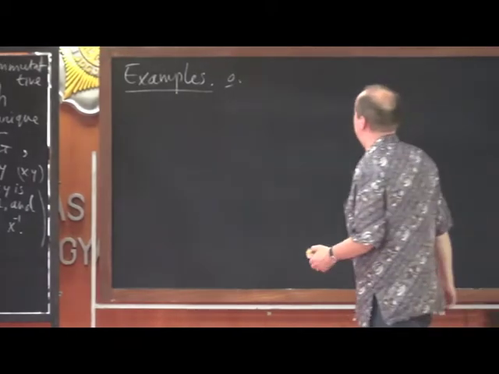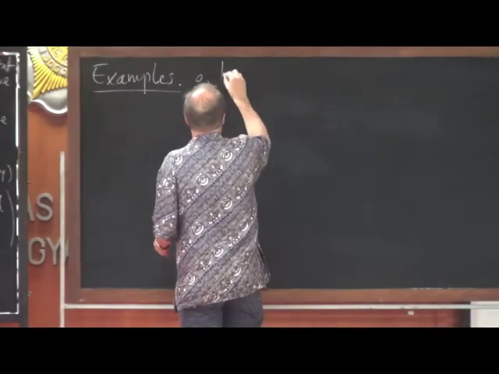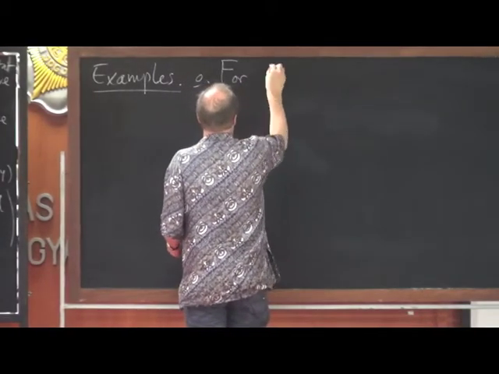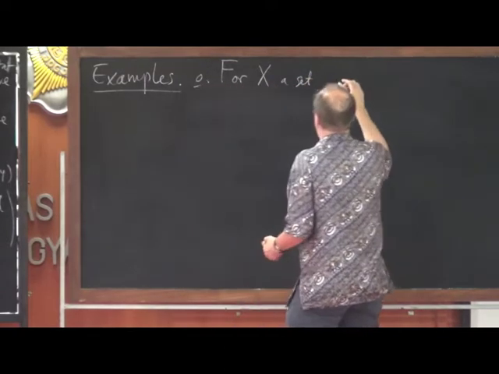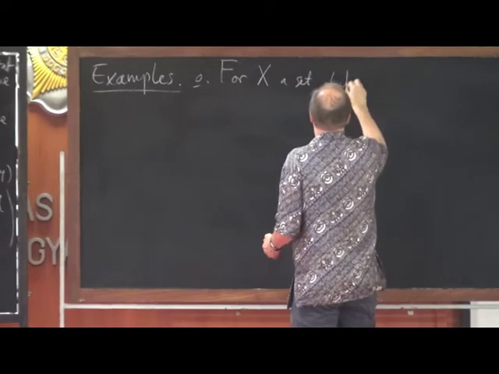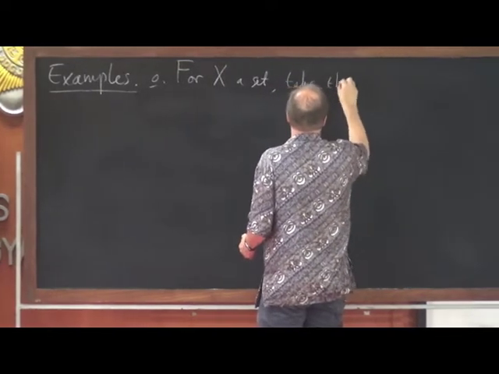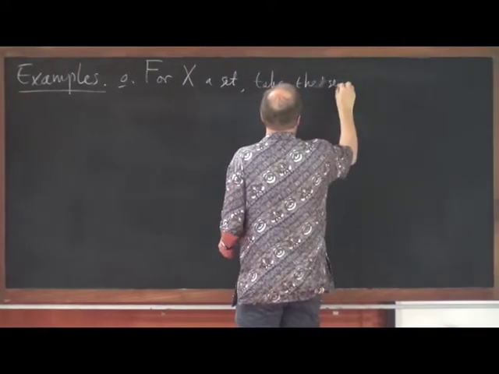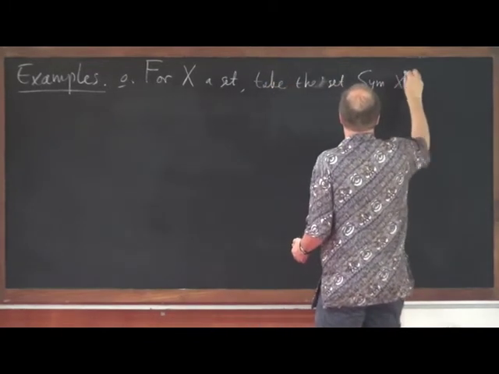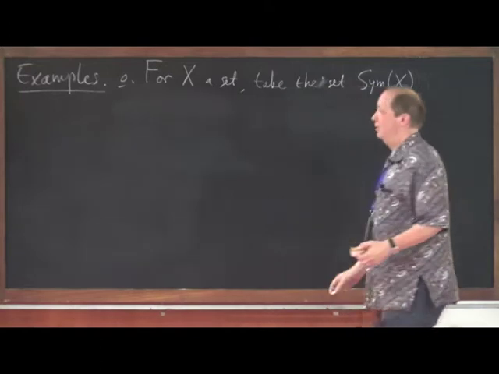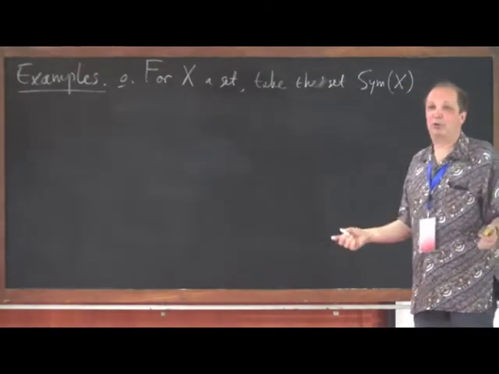So, the very first example, let's say example 0. Example 0 is, let X be a set. We take the set, denoted by Sym X, and Sym stands for symmetries, and the set has no structure.